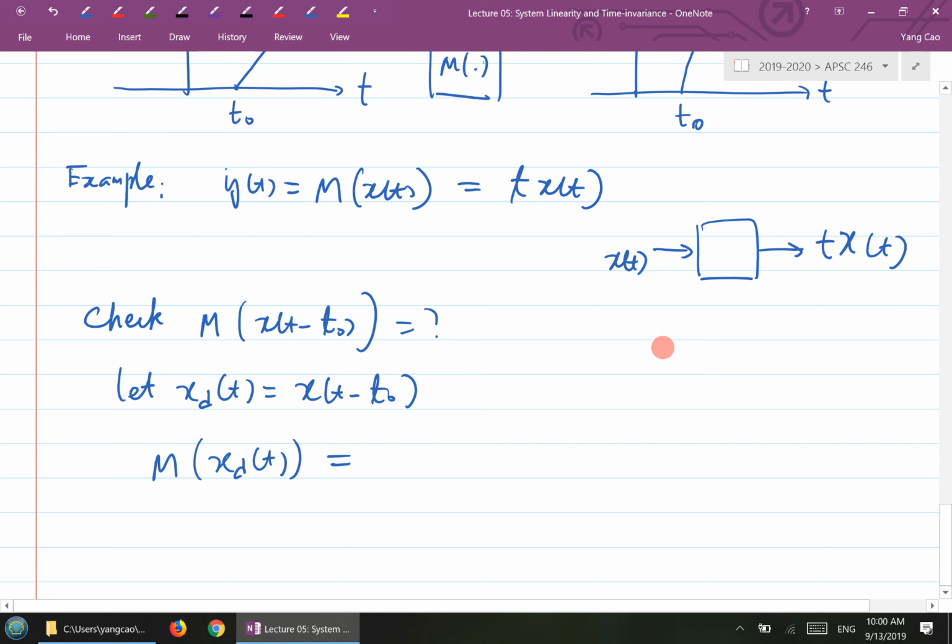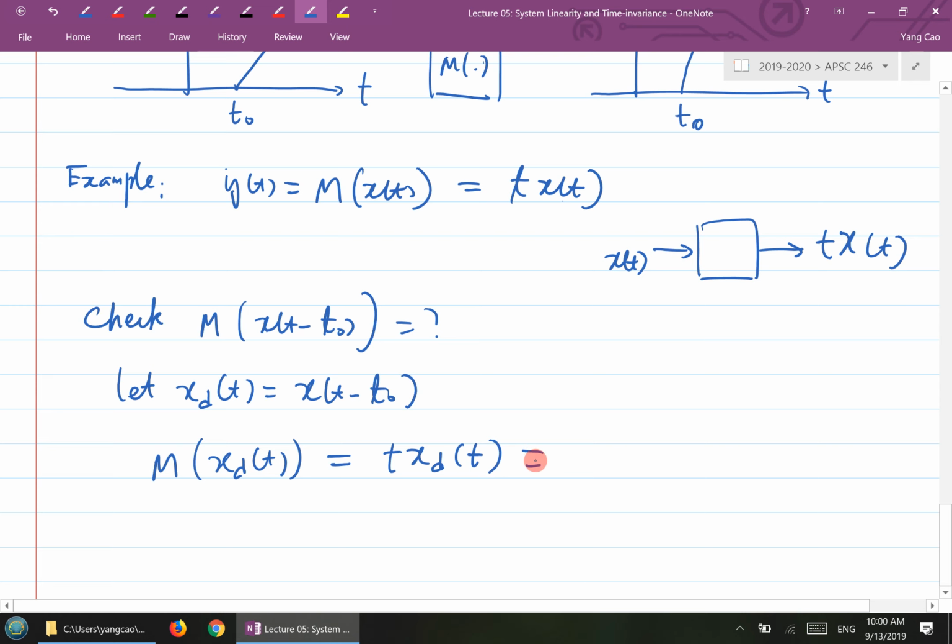So give the system a new input, which is xd of t instead of x of t. According to the given system, if the input becomes xd of t, the system output should be what? Exactly, that's the replacement you're looking for. You're replacing the x with xd.